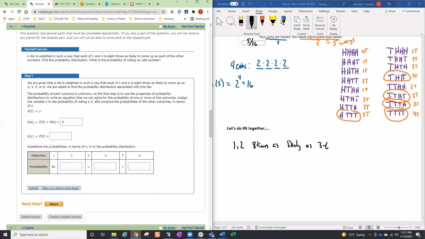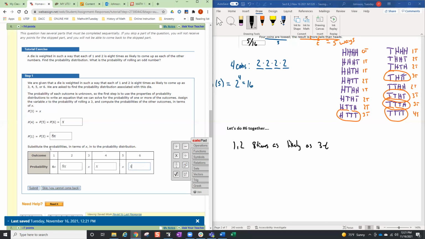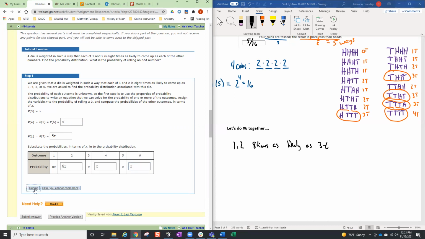However, 1 and 2 are 8 times as likely to come up as 4, 5, and 6. So 1 and 2 are going to be 8X, whereas 4, 5, and 6 are going to be X. So it kind of gives you the answer for these blanks, right? The probability of 1 is 8X. So it tells you the answer if you just look down. But we figured it out anyway because you're smart people.